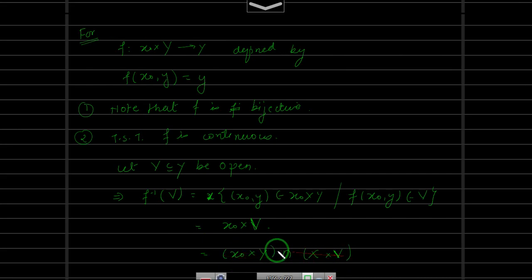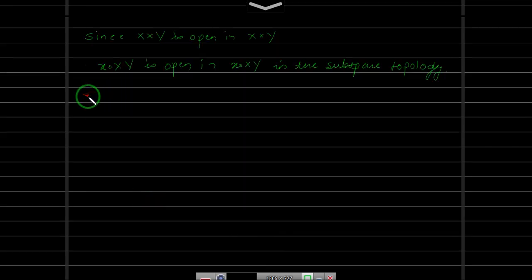we proved that this is open in the whole space x cross y, and this intersection means this is open, and since this is open, this implies f inverse of v is open in x naught cross y, and therefore f is a continuous function, right?